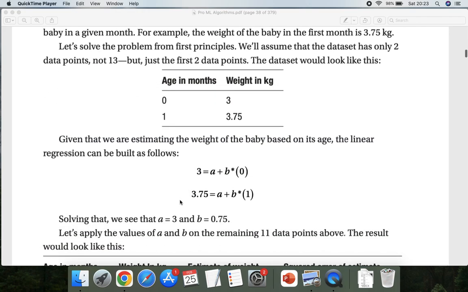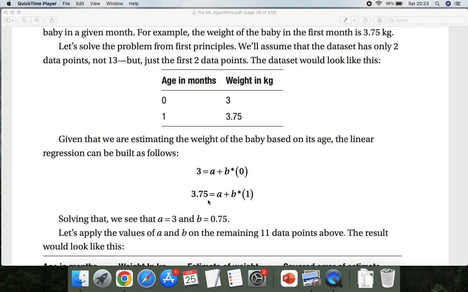If we put that in our equation, it is very simple. When it is 0 months, and a is 3 and b is 0.75, the weight in kg will be 3, because this term becomes 0.